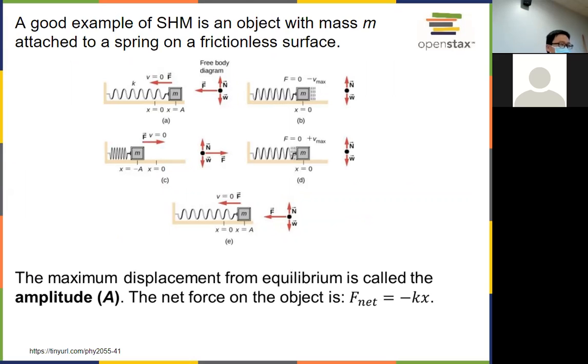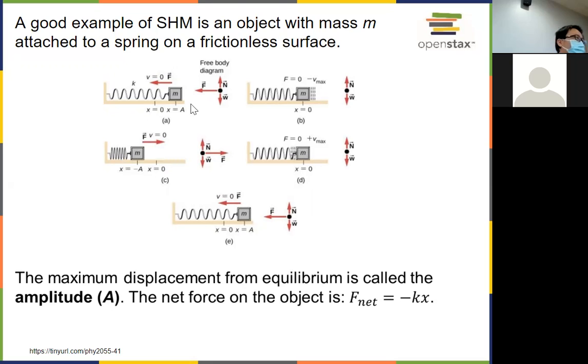All right, so let's take a look at an example of simple harmonic motion. If you have a mass attached to a spring, you can imagine if you pull it to one end and then let it go. Now, if there's no friction or friction is very small, you can see it go back and forth, right? So it goes in that direction and then pushes the spring, compressing it by the same amount that you pulled it.